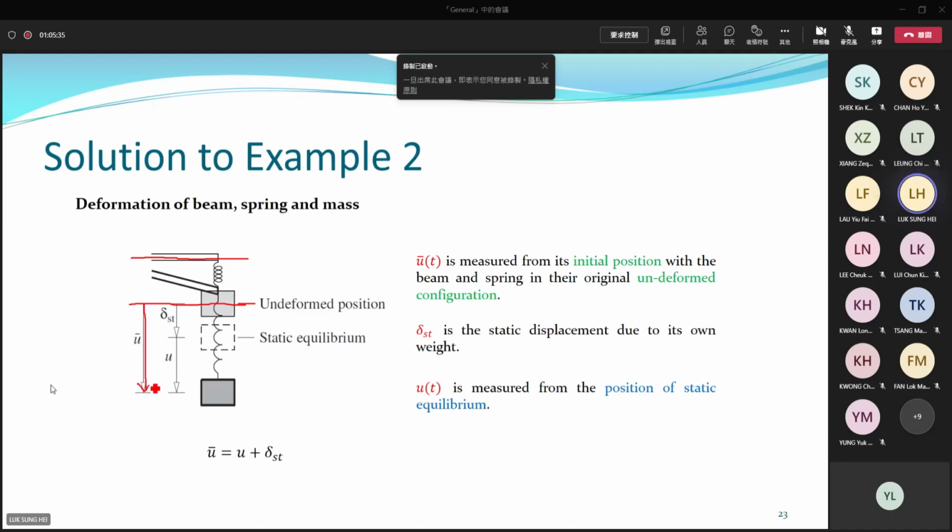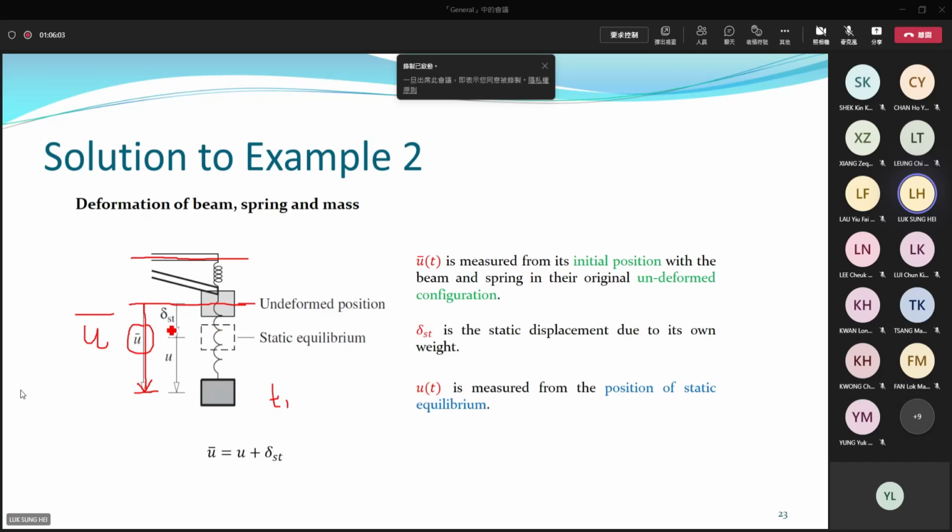So for example, at time equal to t1, just arbitrary time instant, the displacement measured from the undeformed level is described using a symbol u bar. You can describe displacement from their undeformed positions. I use a symbol u bar for this measurement, measured from the undeformed positions.